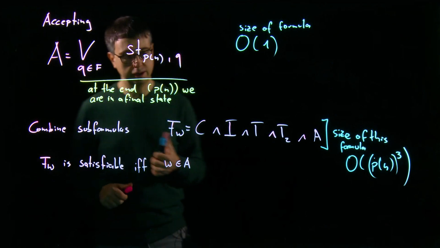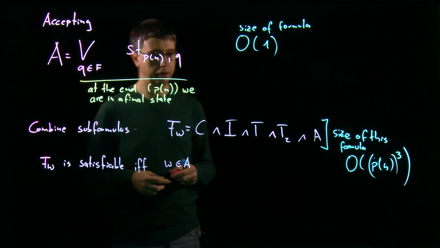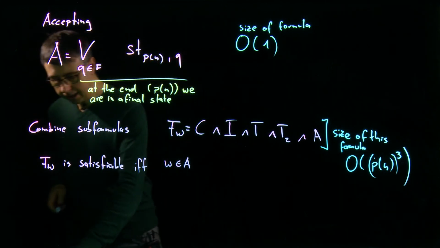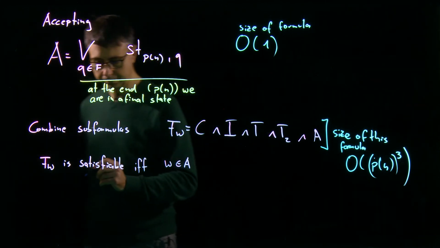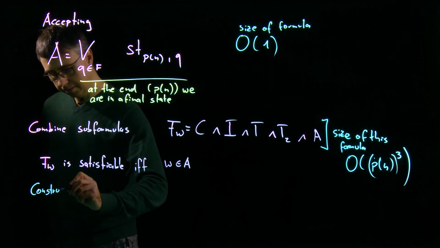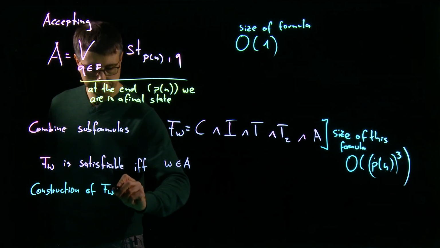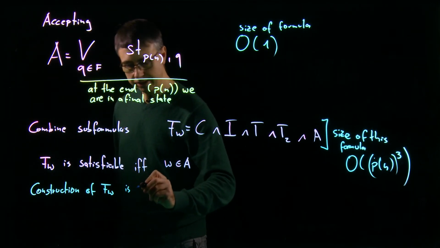And now we have to consider whether this transformation can actually be done in polynomial time. The construction of this FW is just writing the formula.